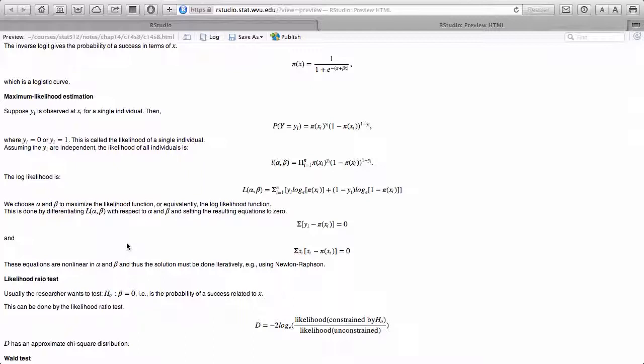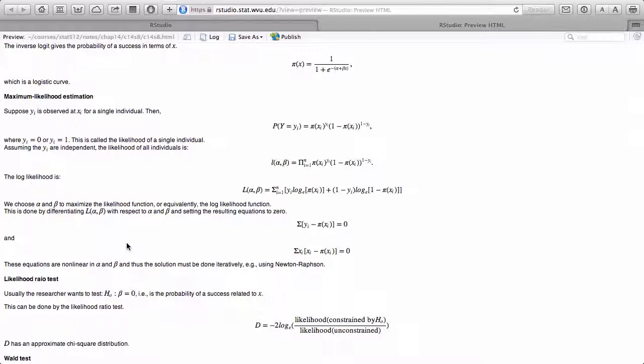So if y sub i is equal to 1, then the probability of y equals y sub i is pi of x sub i, because the 1 minus 1 is 0, so that second term is 1. If y sub i is 0, then the first term is 1, and the second term will be 1 minus pi of x sub i. So I can write the probability of y sub i for the case of y equals 0 or 1 in that way.